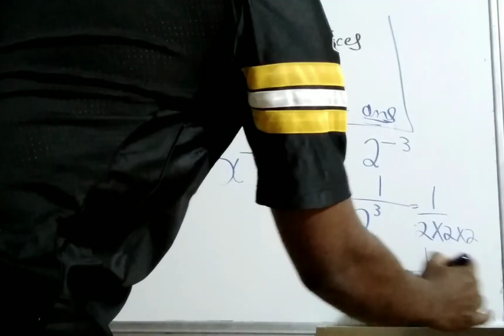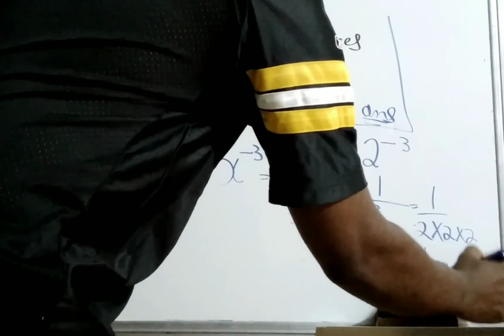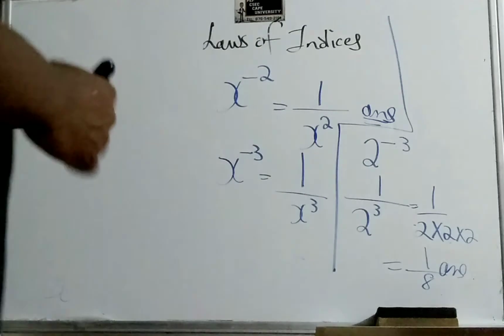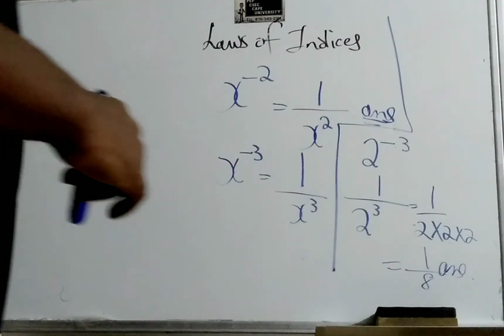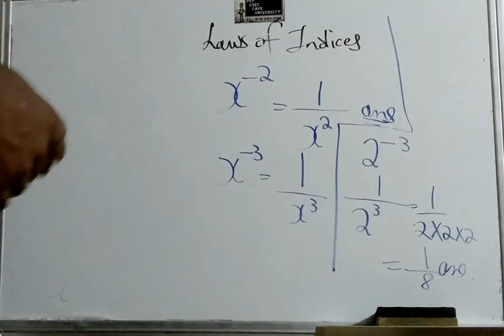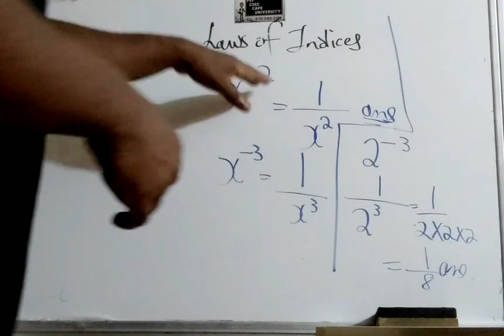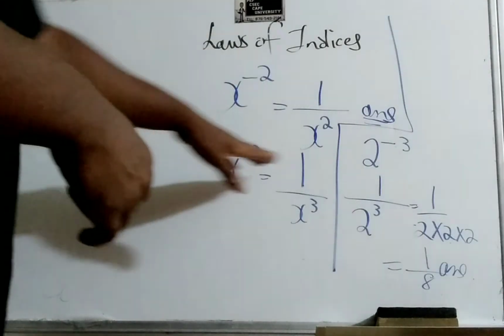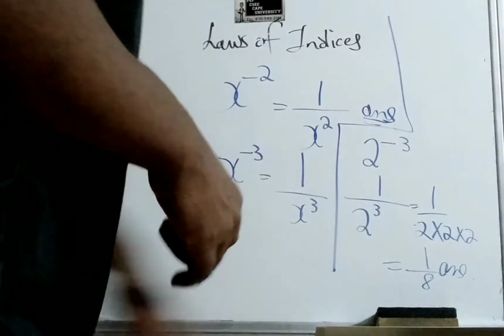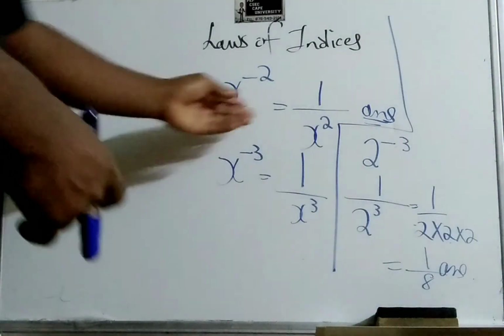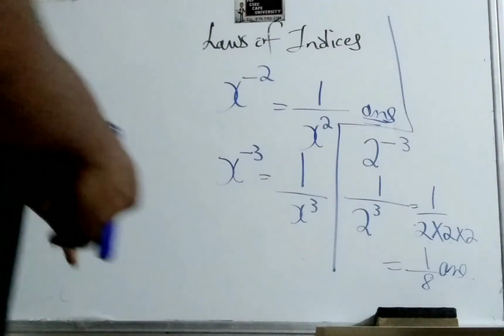So it will be 1 over 8. And that would be your answer. So basically, this is another rule. Once the power is raised to a negative index, we can put it as a fraction: 1 over whatever is raised to the power.